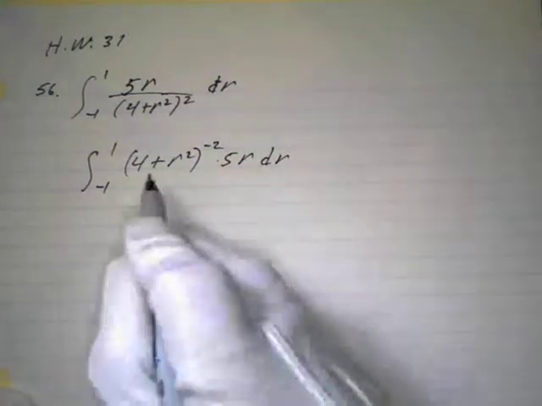So we'll write this as the integral from -1 to 1 of 4 plus r squared to the -2, and I'll put the 5r out in the back over here, times 5r dr. So I'll try to set up something like u to the n du.